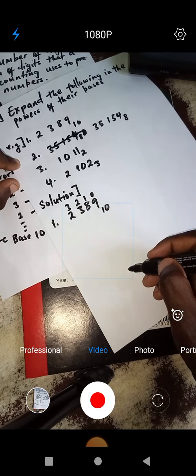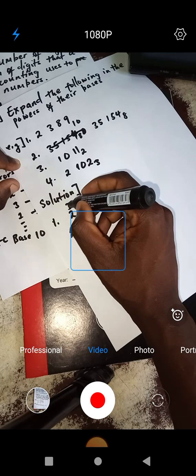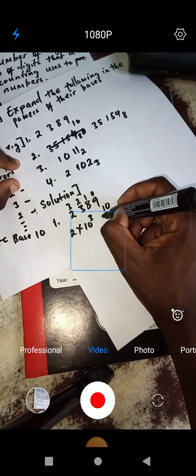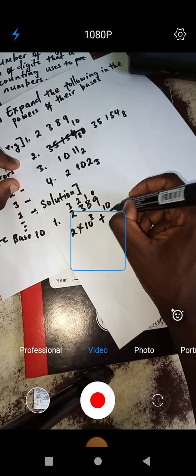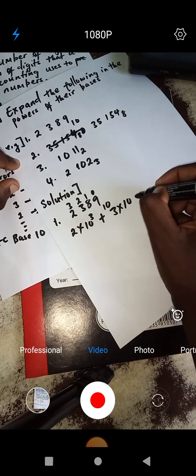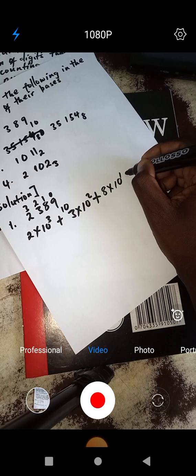To expand, say 2 times 10, which is the base, to the power 3, plus 3 times 10 to the power 2, plus 8 times 10 to the power 1, plus 9 times 10 to the power 0, right?